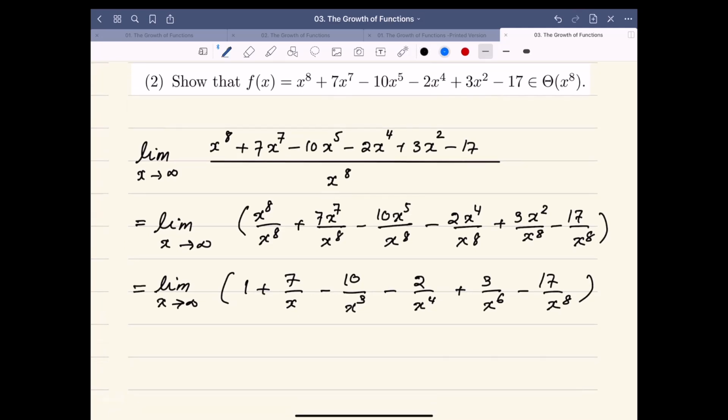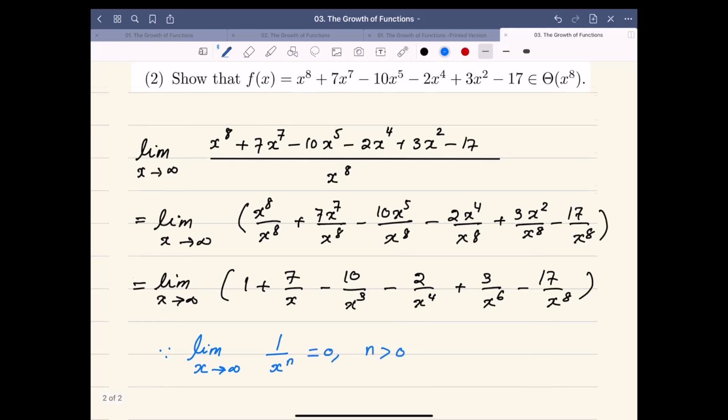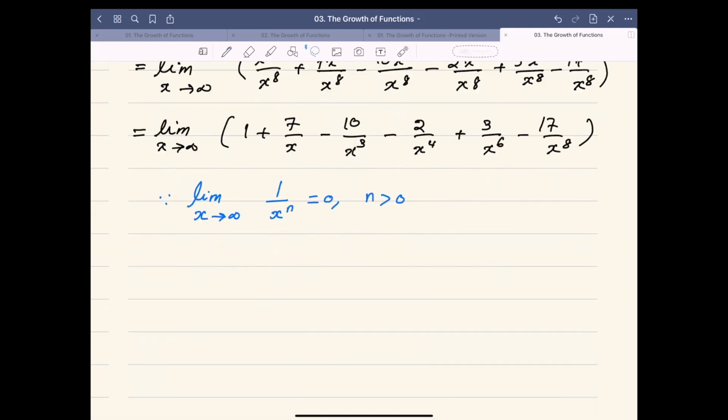You have learned in calculus that the limit as x goes to infinity of 1 over x raised to power n is equal to 0 for all positive n, and as a result the limit as x goes to infinity of all of these terms is equal to 0.